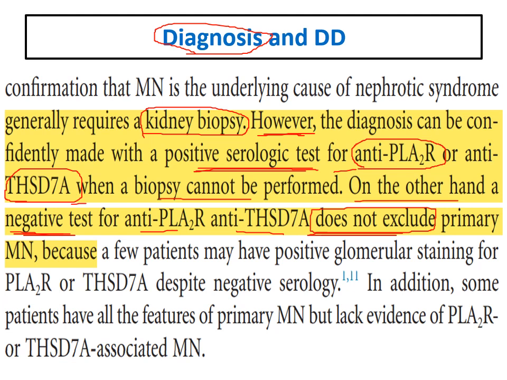Low sensitivity means that they are not positive in all patients with primary membranous, but high specificity means that if they are positive, this patient is most likely a membranous patient.